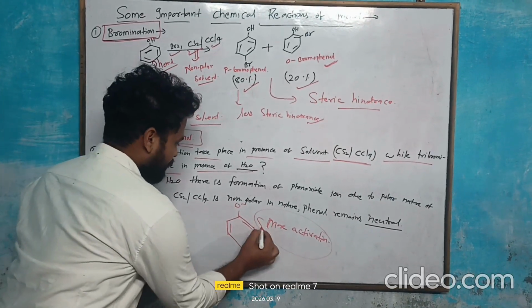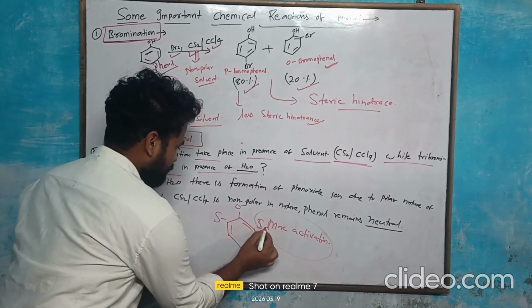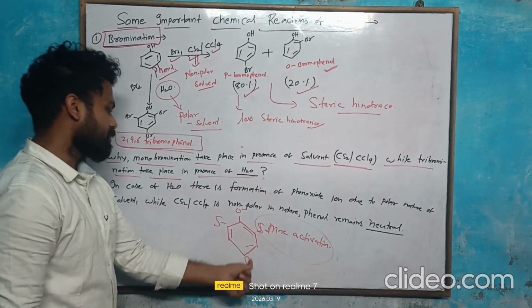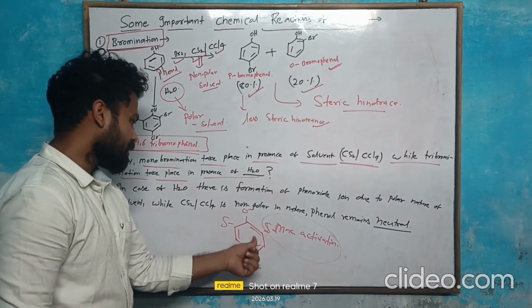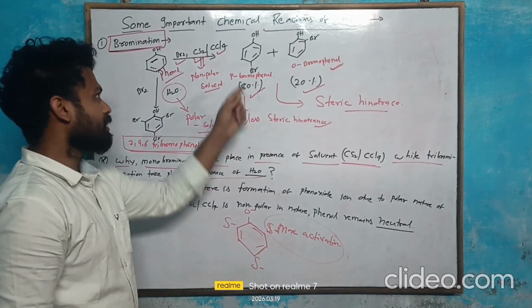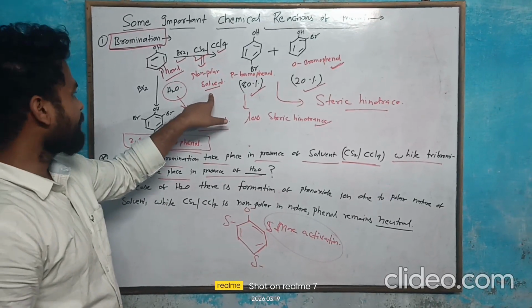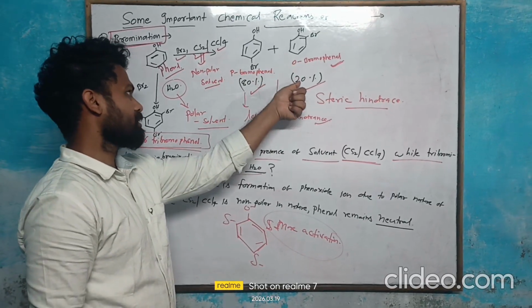So we know that there are three positions, 2 ortho and 1 para, where there is a possibility of negative charge. At all 3 positions, bromine will add. While in the case of a non-polar solvent, it will remain neutral. So there is less bromination.